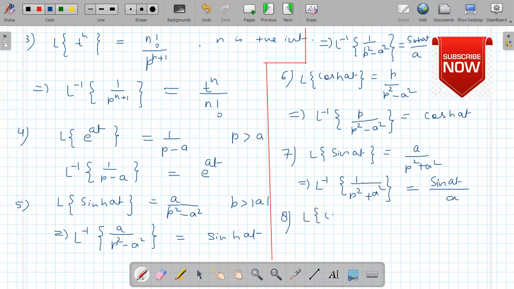Laplace transform of cos(at) is p upon p squared plus a squared. This implies Laplace inverse of p upon p squared plus a squared is equal to cos(at).